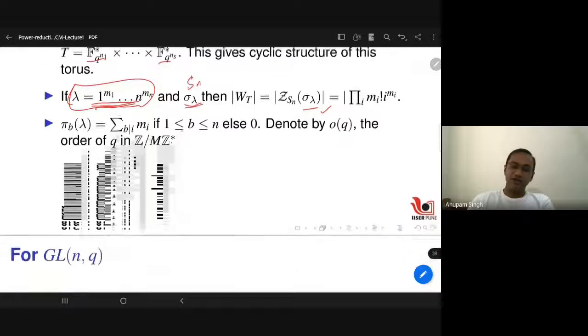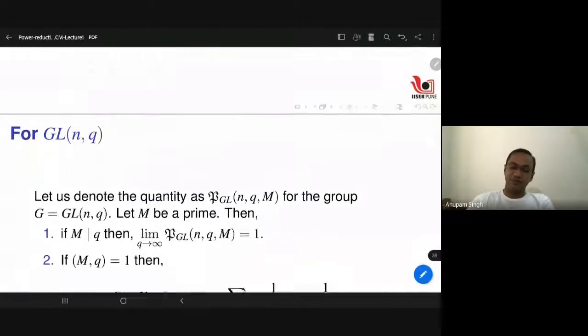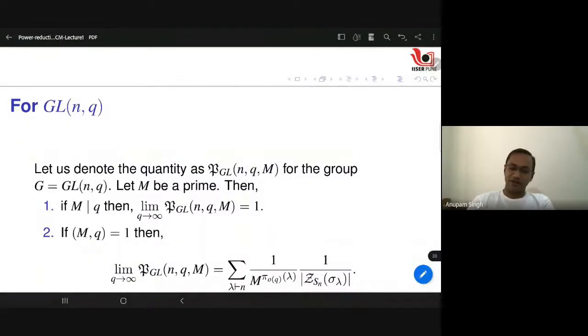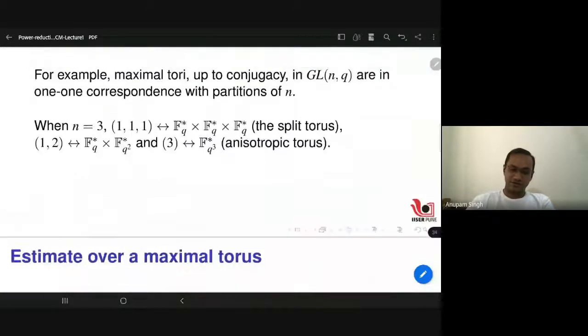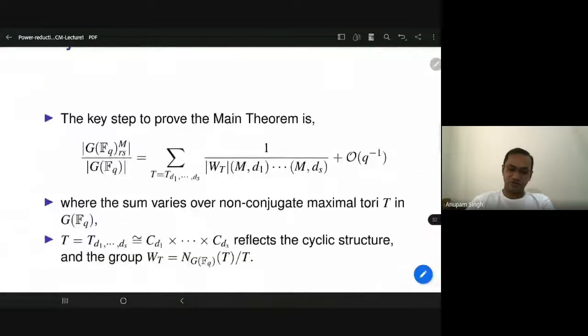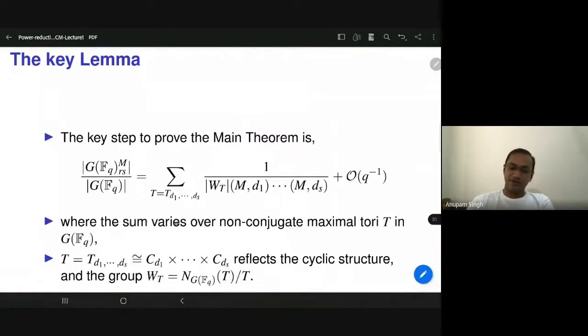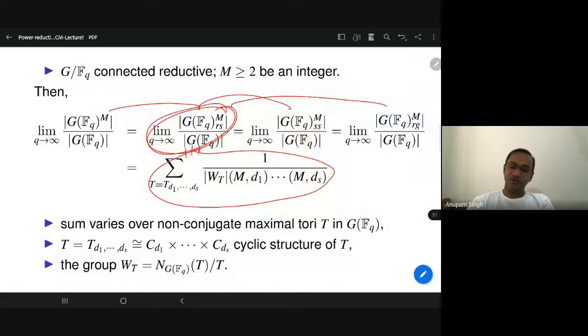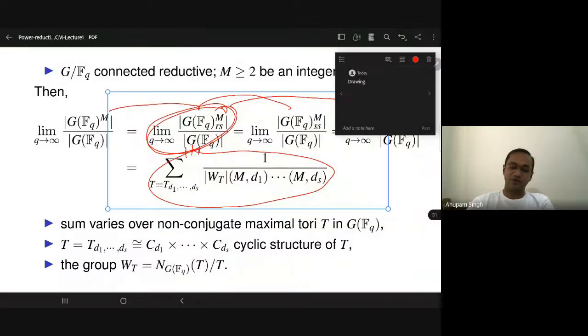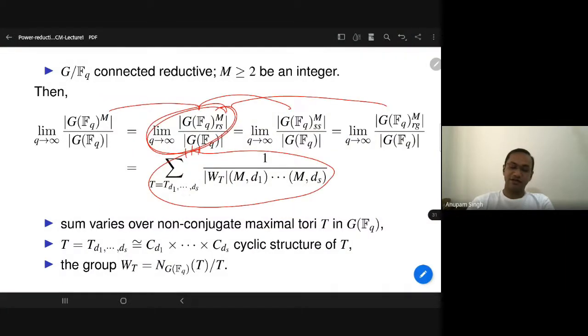So now, knowing these things for GLn, I want to plug them into our formula. Remember our formula was somewhere here. I will show you this formula again. Yeah, this formula here. To compute this for a group G, I needed to know all maximal tori, know their cyclic structure D1, D2, ..., Ds, and compute the Weyl group.